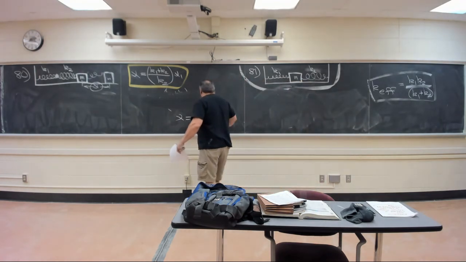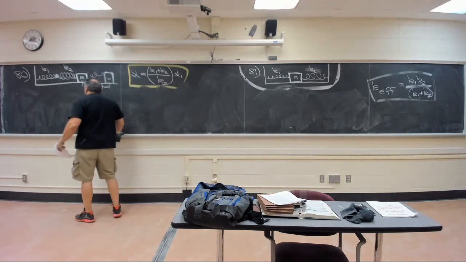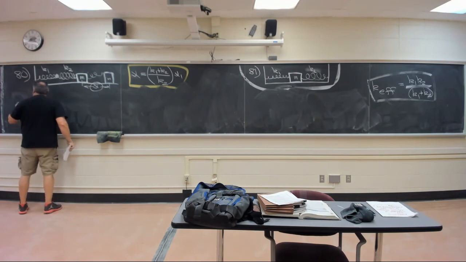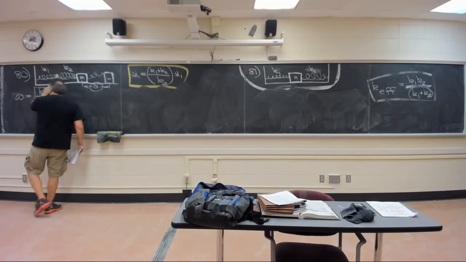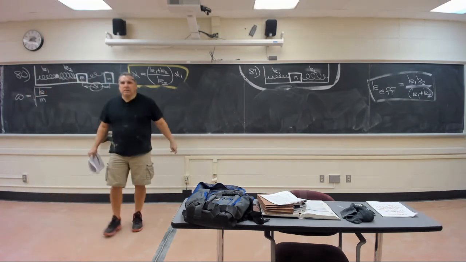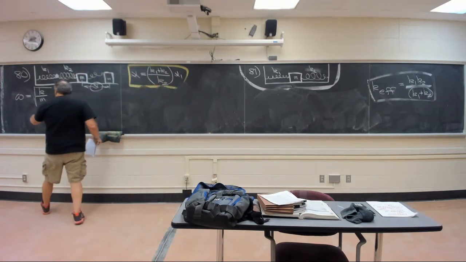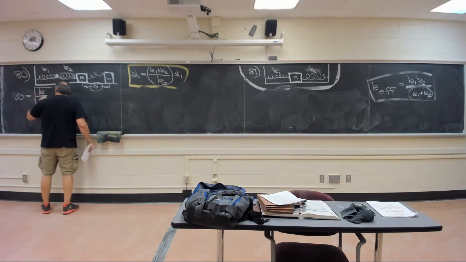How are you going to get the period, T, capital T? Guys, do we know as a general rule, if there's simple harmonic motion in a spring system, the angular frequency omega is equal to the square root of the ratio K over M?